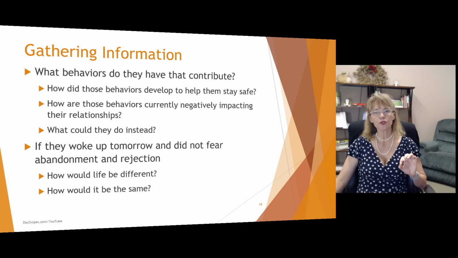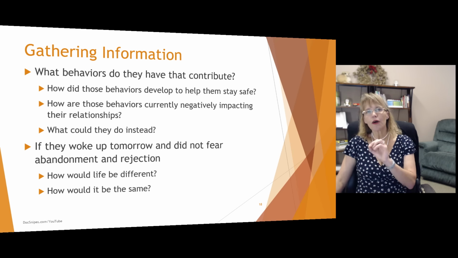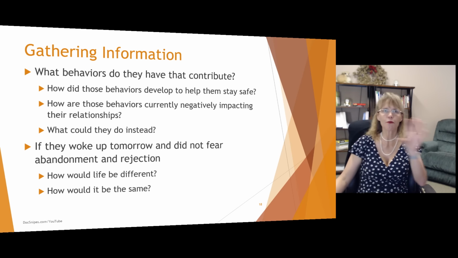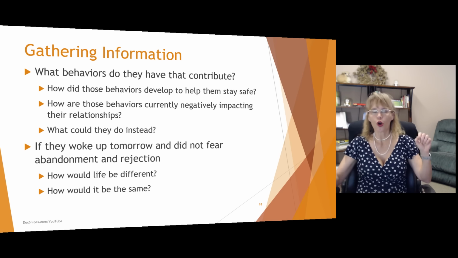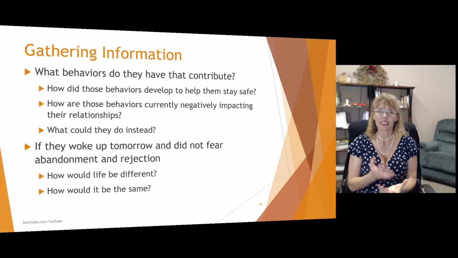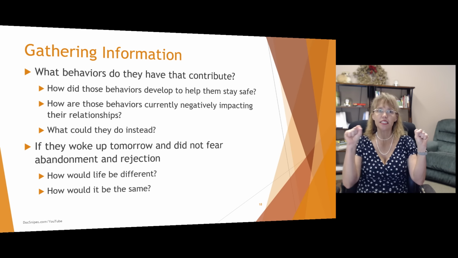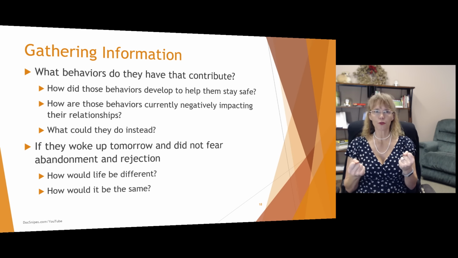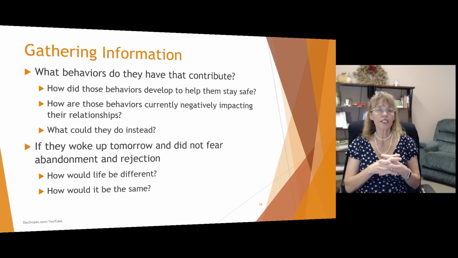And what could they do instead that would help them feel safe and secure? See, it keeps coming back to safety. Remember, the core of abandonment, the core of trauma, is a feeling of unsafeness and disempowerment. So we want to help people continue to explore, what can I do to stay safe?